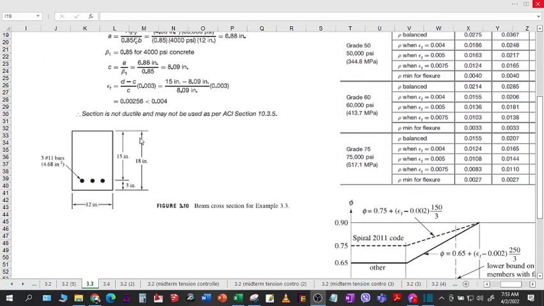We have a total depth of 18 inches, an effective depth of 15 inches, and a width of 12 inches. And we have 3 pieces of number 11 bars, equivalent to 4.68 square inches of area.